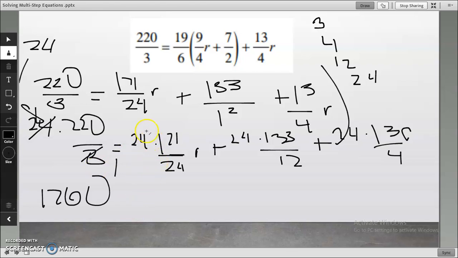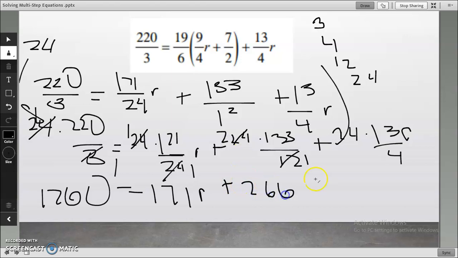Sorry about that. 24 goes into 24 once. 24 goes into 24 once. So that's equal to 171r plus 12 goes into 12 once. 12 goes into 24 twice. So that gives me 266 plus 4 goes into 4 once. 4 goes into 24 6 times. 6 times 13 is 78r.